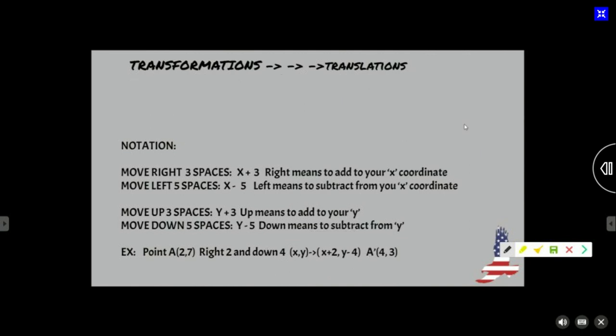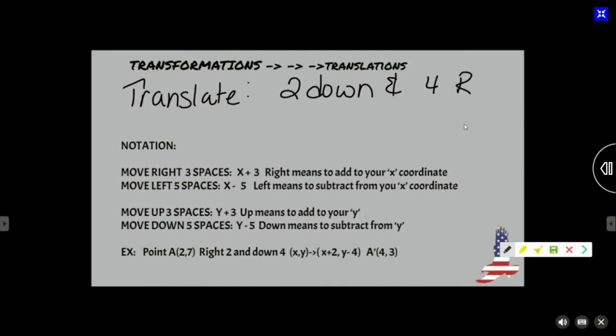What if I have the problem translate, how about, what if I said, I'm going to try to get tricky here. What if I say translate, so here's my point P. It's an XY coordinate. What is the rule going to look like?